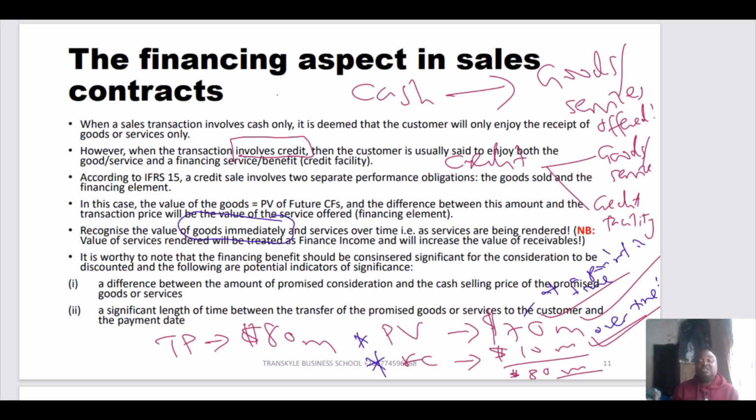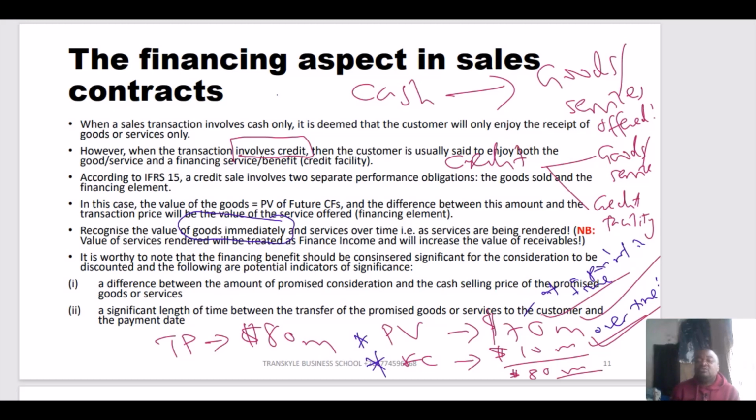However, when it comes to the finance income, we cannot recognize the whole 10 million today. Why? Because we are going to satisfy the credit service to the customer over the 2 years. So this is the cost to the customer, which he is going to incur over the next 2 years.